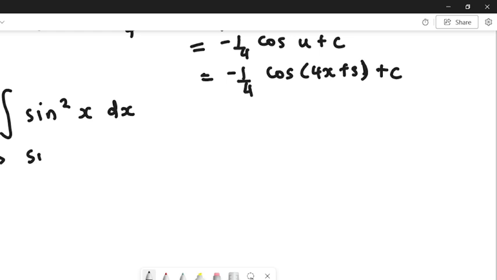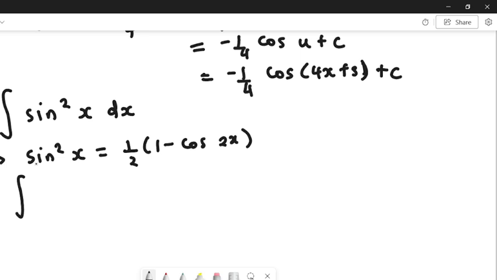We know that sine squared x is the same as a half into 1 minus cos 2x. So we are going to make this substitution. So whatever we have sine squared x, we're going to replace with that. It's an indefinite integral, so a half is a constant. We have the integral of 1 minus cos 2x dx.